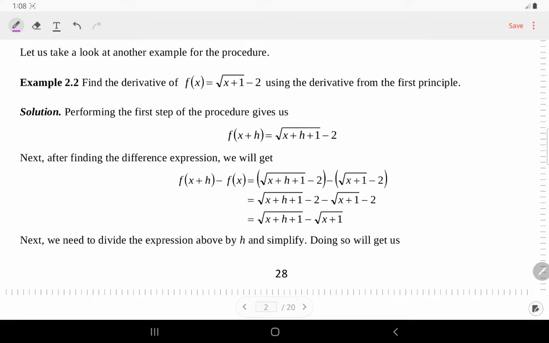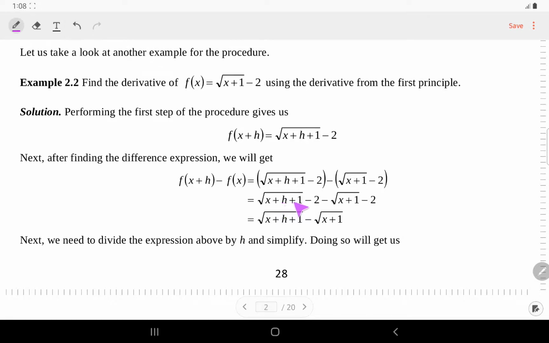And then continue with our second step. What is our second step? We need to subtract f(x plus h), this one, and then minus the original function. Like this. This is our f(x plus h), and this is the original function. And then kita simplify.